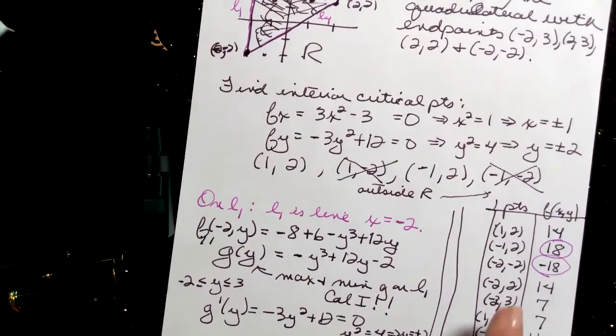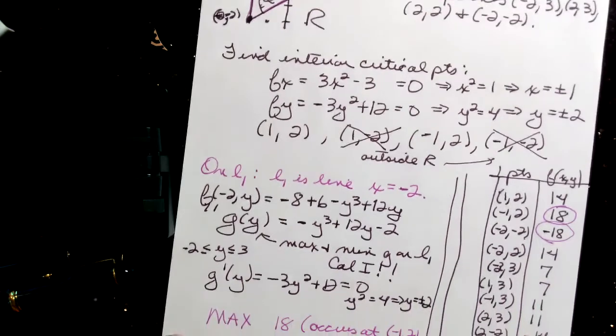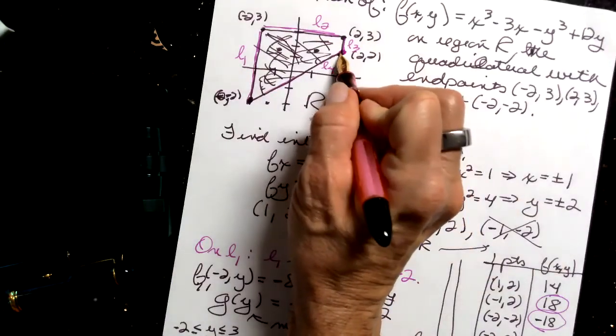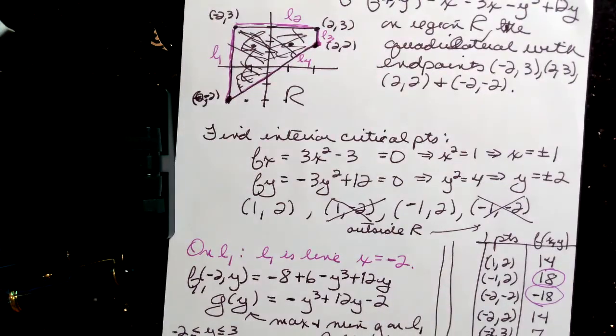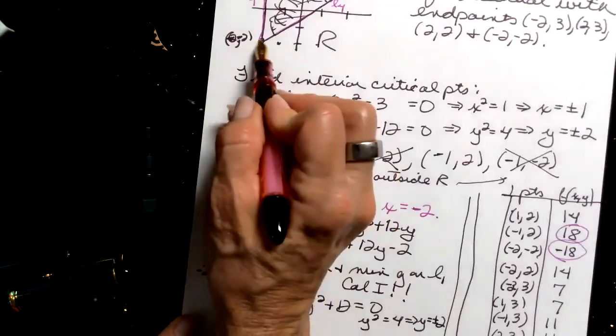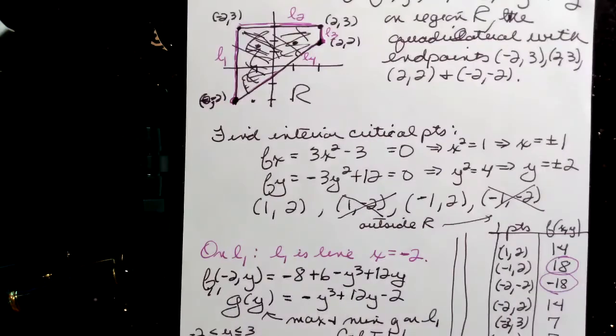Sorry, the wires are in the way. And so one of the places where the maximum occurs is there. The other is at 2, 2, which is a corner of the region. Okay, so the other place where the maximum occurs is right there. And the minimum occurs at minus 2, minus 2, which is another corner of the region.